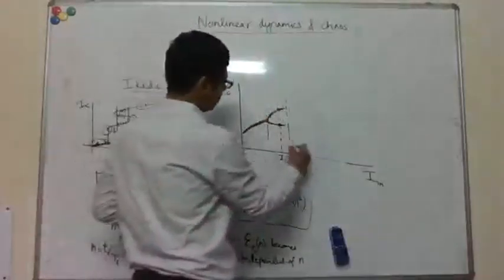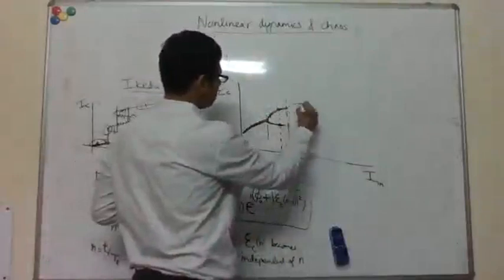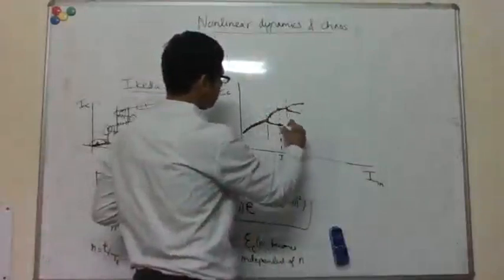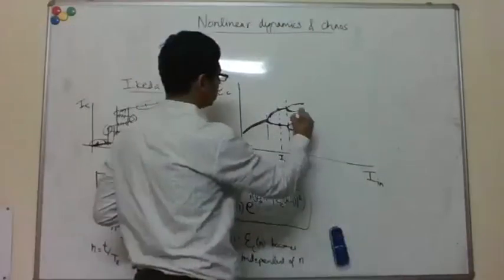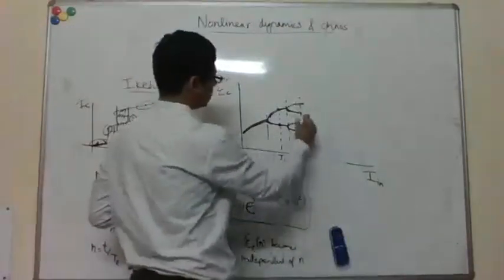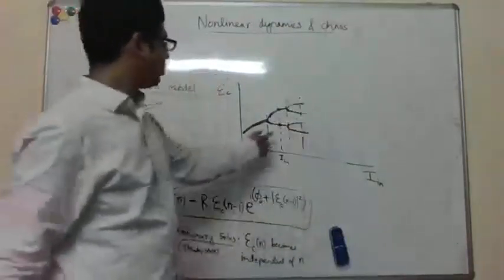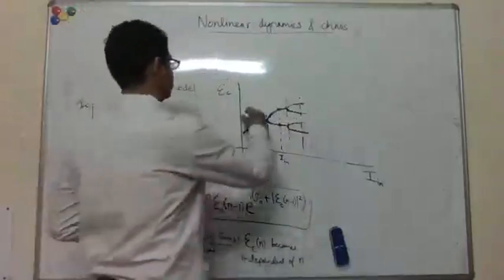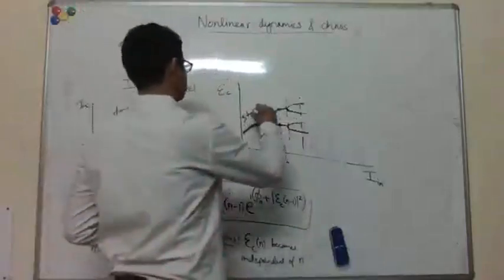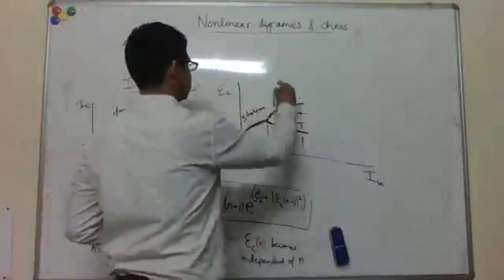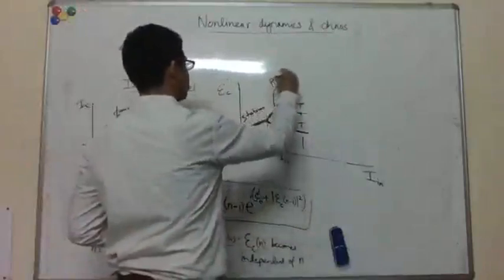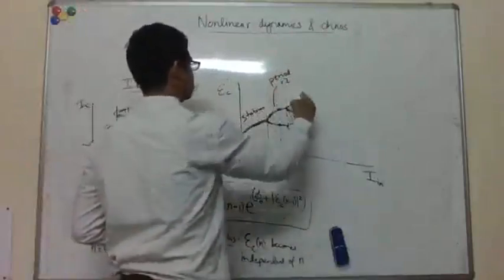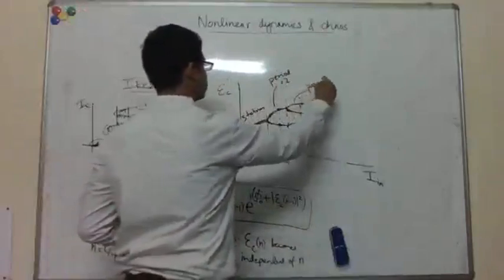Now as you keep increasing further and cross another threshold, this splits into two more. Now I have 4 branches. So here you have stationary, this is periodic or period 2, this is period 4.